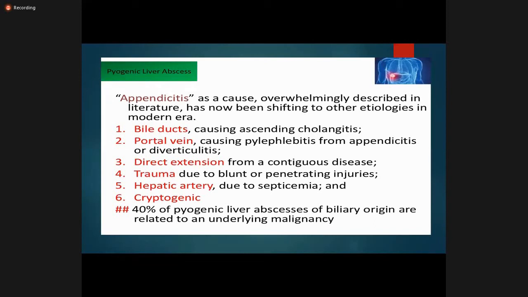So the fish bone had actually traversed from the small bowel, from the duodenum, through the capsule of the liver, and subsequently lodged into the liver and developed a hepatic abscess.